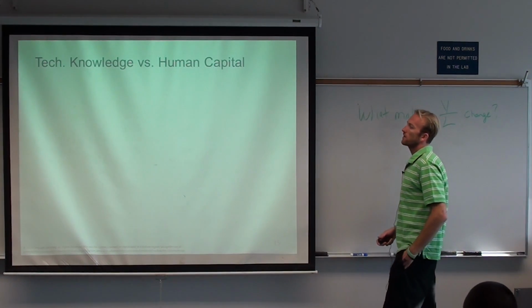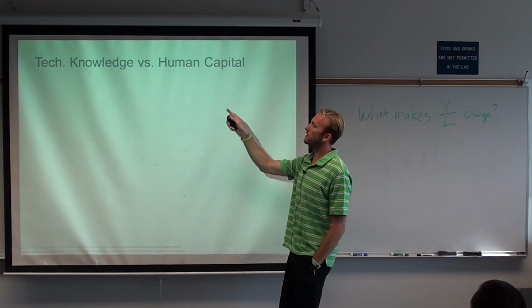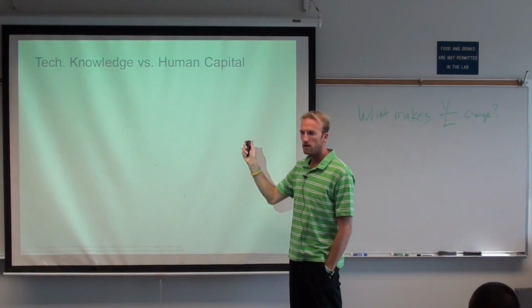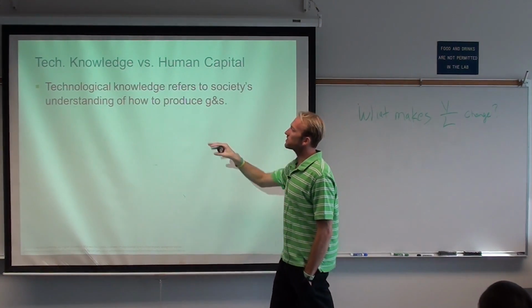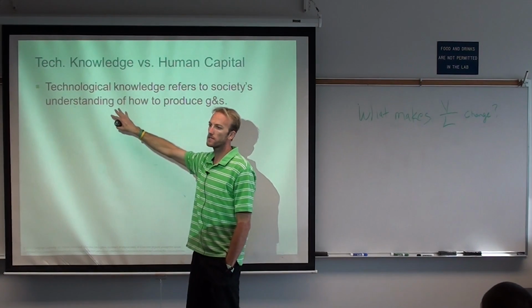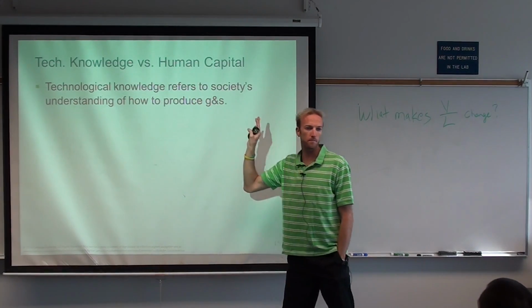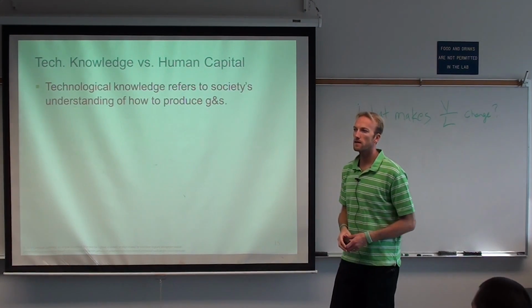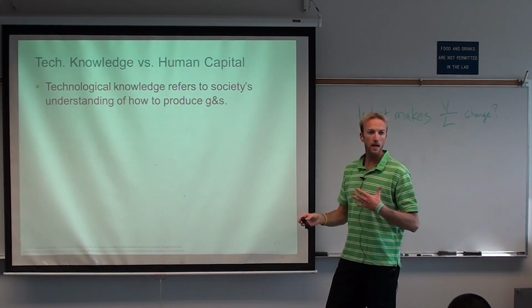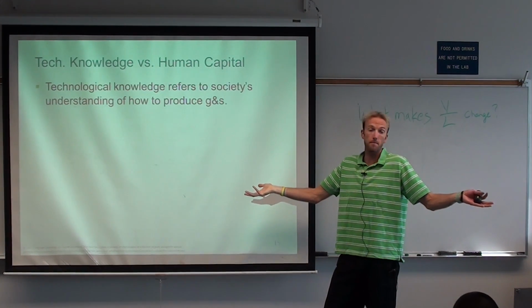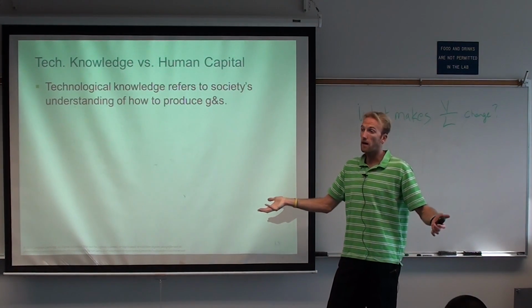Let me do a little more explaining on technical knowledge versus human capital, because they can maybe seem similar. Technical knowledge refers to society as a whole's understanding of how to produce goods and services better, right? So when Henry Ford reshuffled his manufacturing line, that's something that society now knows, and all other firms that make cars can use that idea, right?